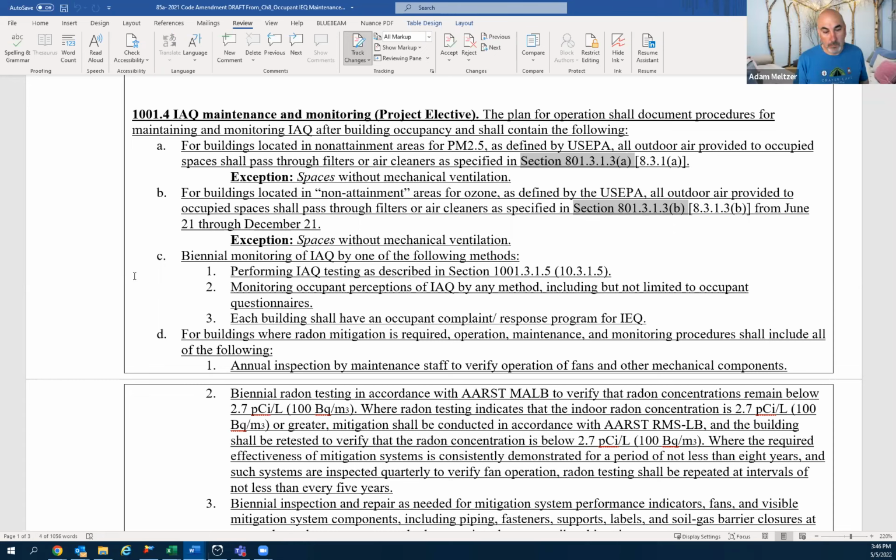I think there's an opportunity if we want to be more stringent than section 801.3.1.3 that's highlighted. Somebody could make a motion to say MERV 13 instead of MERV 8. But we wouldn't change that section. We would just change the language in this proposal.